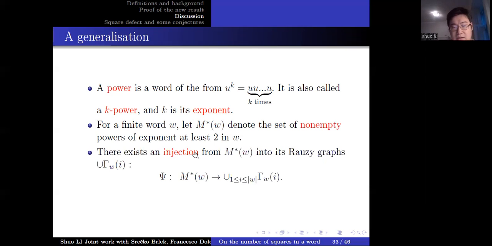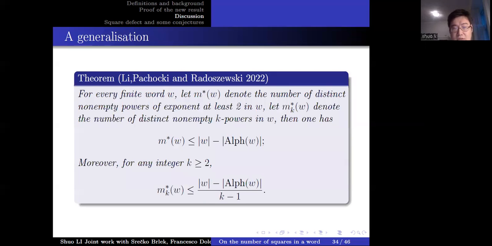Then, in fact, we can make a better injection, which associates all the non-empty powers in M star W to the set of small secrets on the Rauzy graphs of W. So as a generalization, we can prove that the total number of distinct non-empty powers of exponent at least 2 can be bounded by the length of W minus the size of its alphabet.